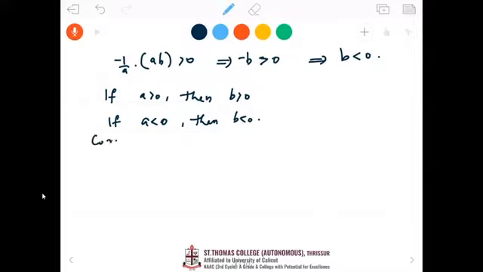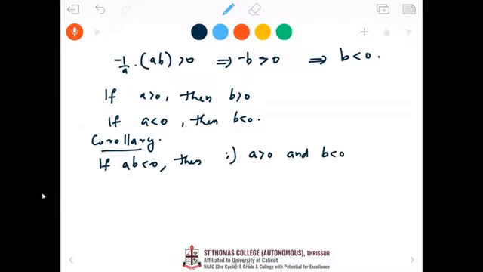Now there is a corollary to this theorem. Corollary means a result which follows immediately from a theorem. So if AB less than 0, then either A greater than 0 and B less than 0, or A less than 0 and B greater than 0.